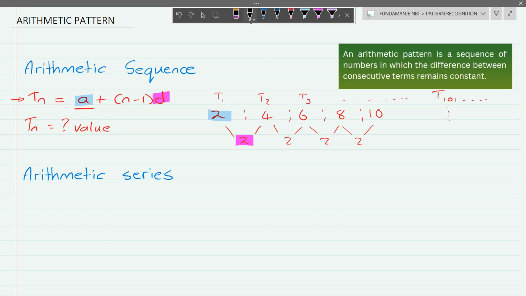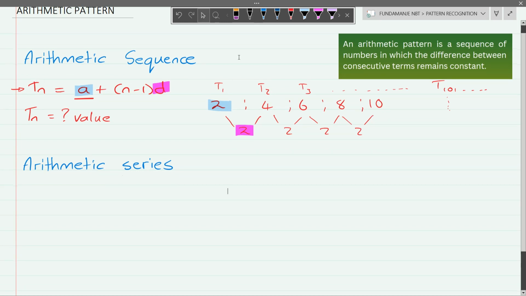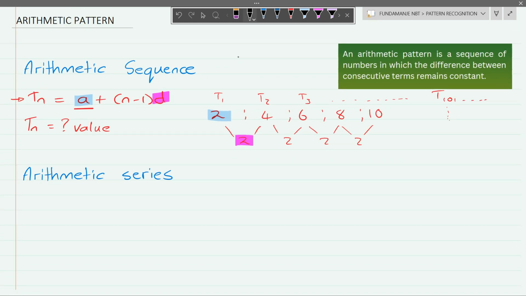What I'd like to talk about a little bit more is the arithmetic series. Now, given the same pattern, 2, 4, 6, 8, let's leave it at that. With an arithmetic series, the only difference is the sign we use to separate our terms. In an arithmetic series, the goal is to find the sum of a certain number of numbers. So we're trying to find the sum of n numbers.